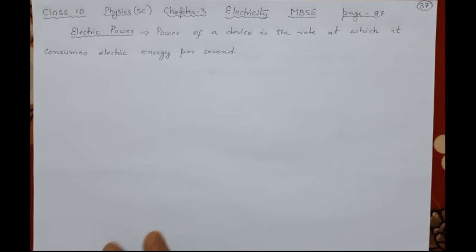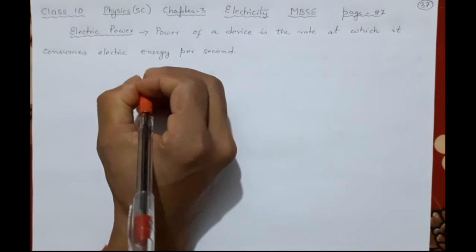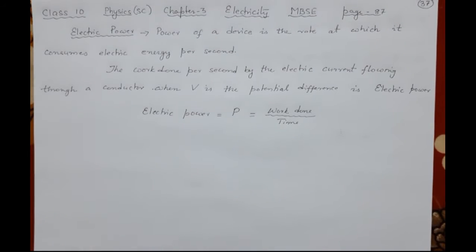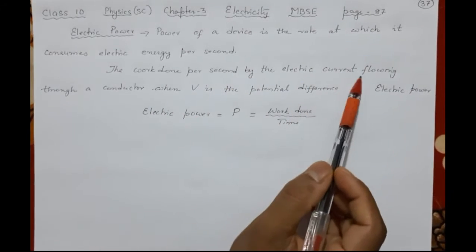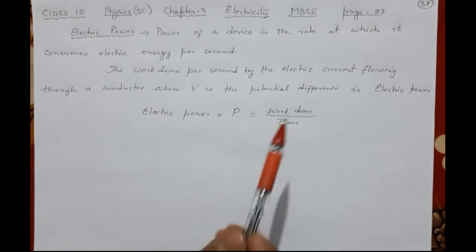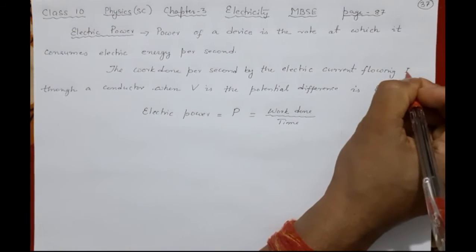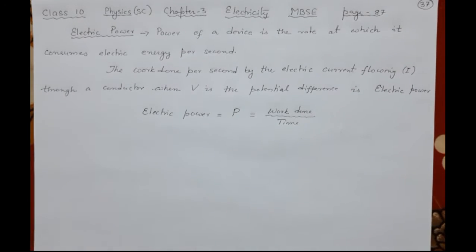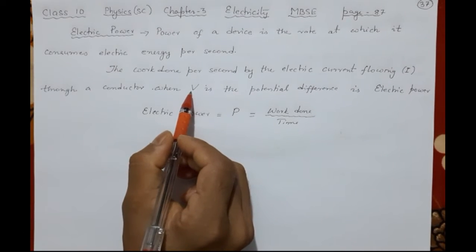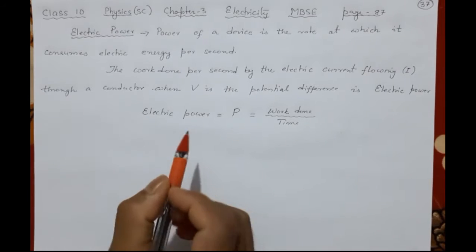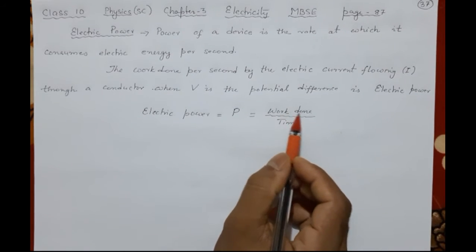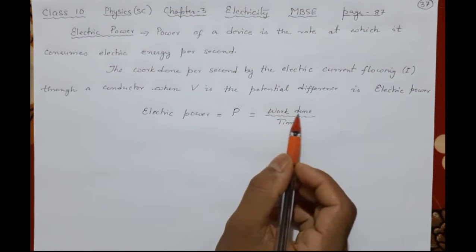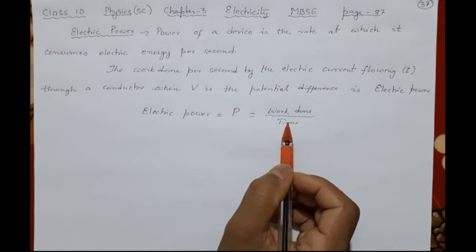Now to write this understanding into a formula, we say that it is the work done per second by the electric current flowing through a conductor. Suppose that current is I, and the potential difference across that device is V. Then the electric power will be P equal to work done per unit time. How fast it is doing work, consuming energy, compared with the time, is per unit time.